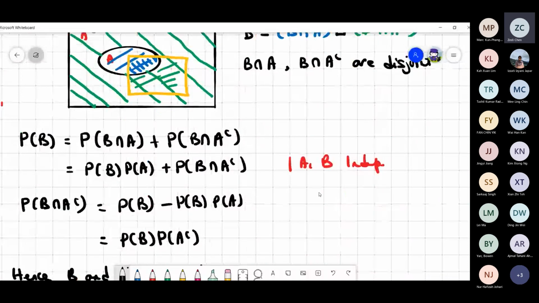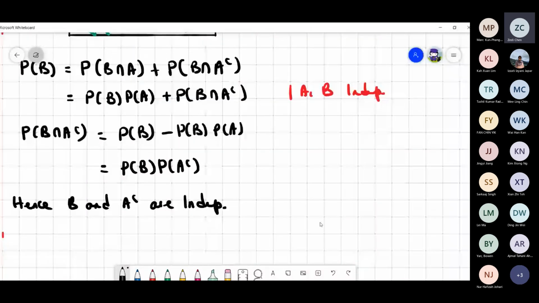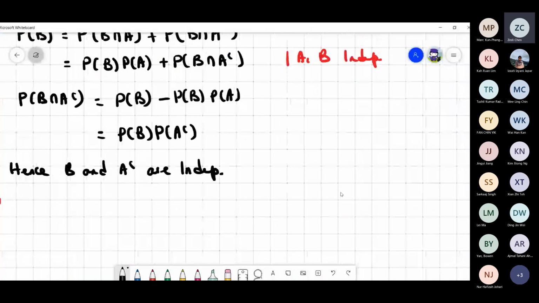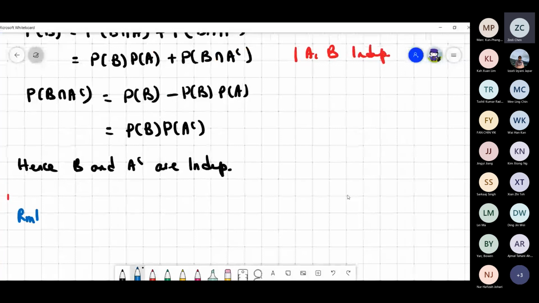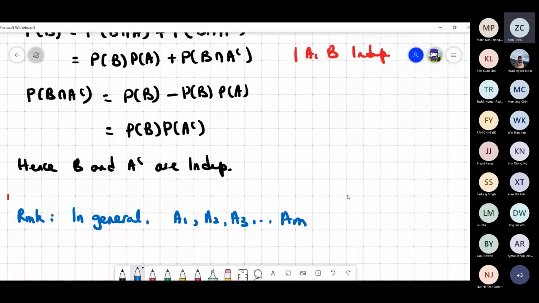So in general, again, another remark. If you have A1, A2, A3 up to, let's say, A M, forming a partition for omega.